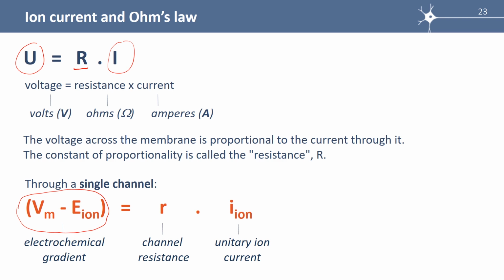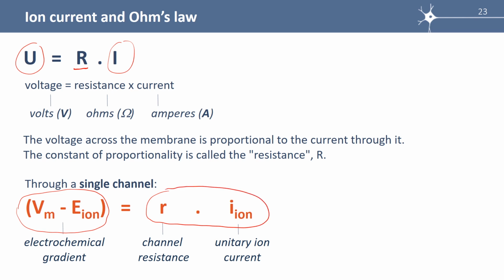We have seen that when Vm equals E ion, at the equilibrium potential, there is no net movement of charges. So to get a movement of charges, the potential must be different from the equilibrium potential of the ions. And this equals, here we have Ohm's law, R multiplied by i ion.